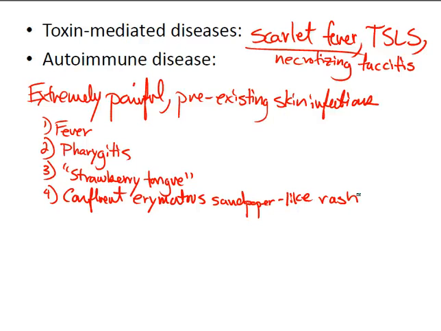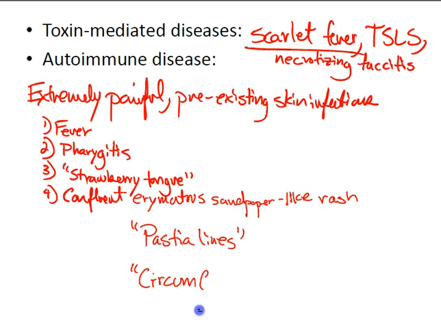That's Pastia lines, or circumoral pallor, which is a rash that spares the nasolabial triangle and chin.